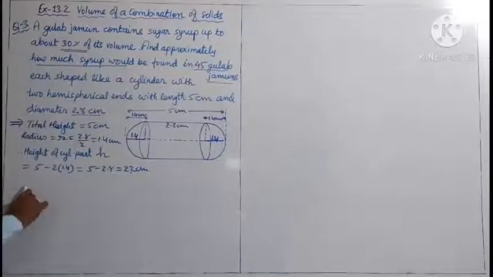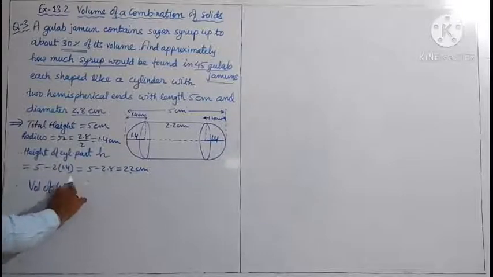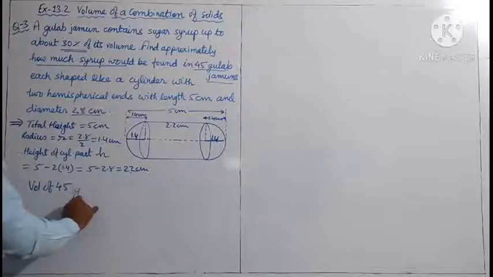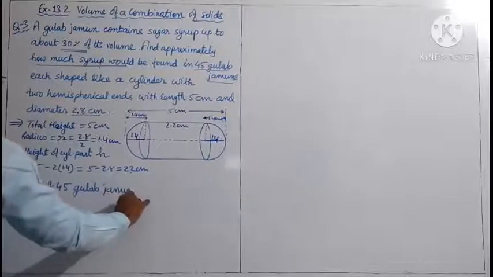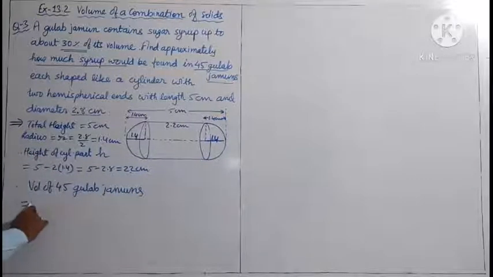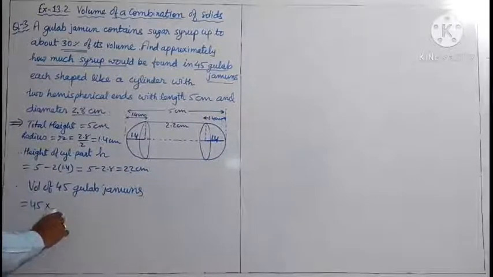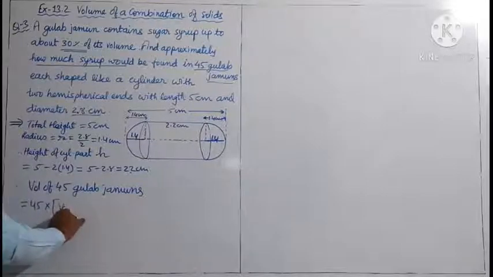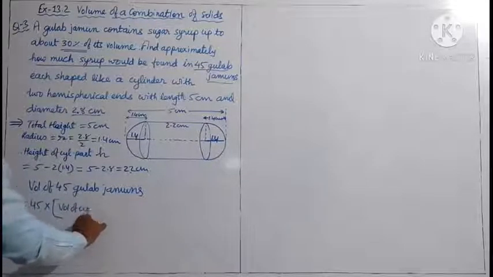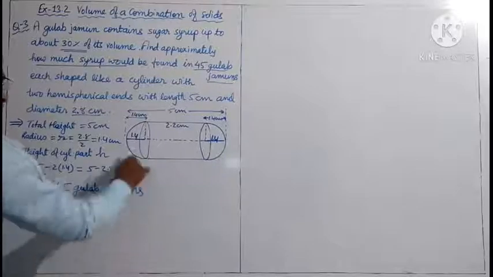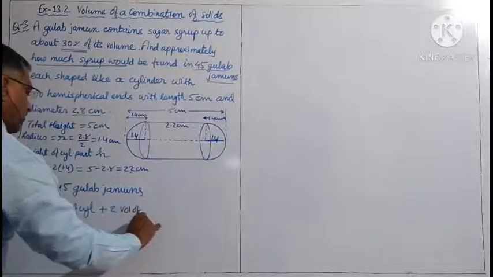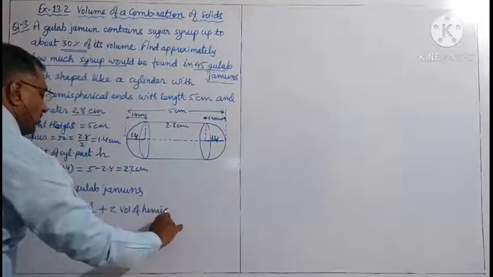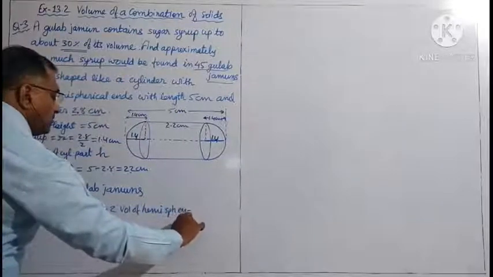So first of all, the volume of 45 gulab jamuns is equal to 45 multiplied by the volume of the cylinder plus 2 hemispheres, that is 2 times the volume of the hemispherical ends.